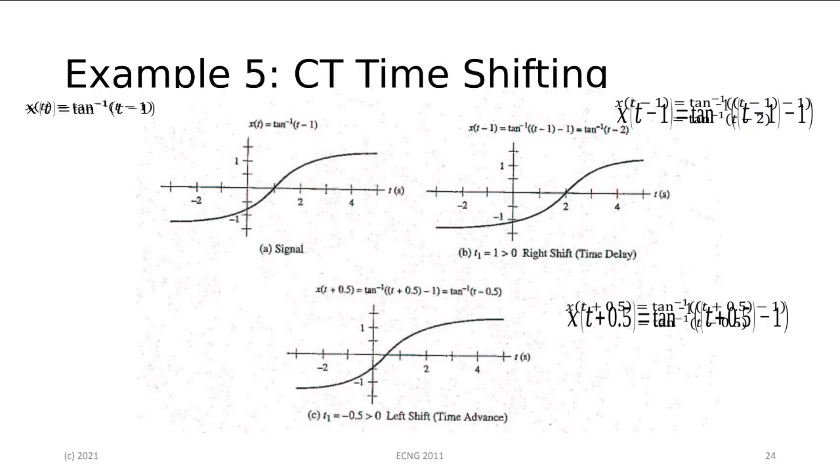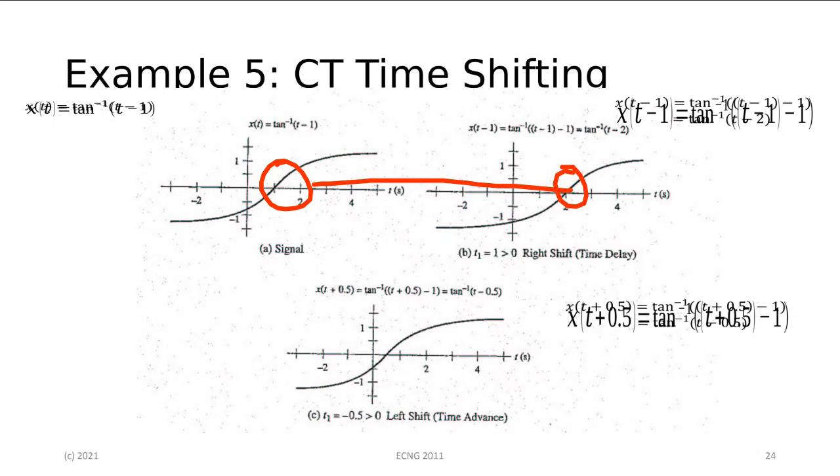So if we go on here, these signals are continuous time shifting. Here I have the signal x(t) is tan minus 1, t minus 1. I have no idea where that signal would have come from, but there it is. Now instead of t minus 1, I have shifted it down here. You have the better one in your notes. Notice where the zero crossing is.